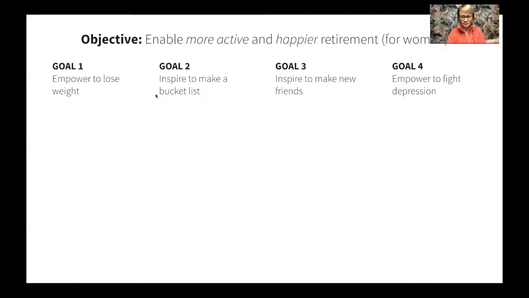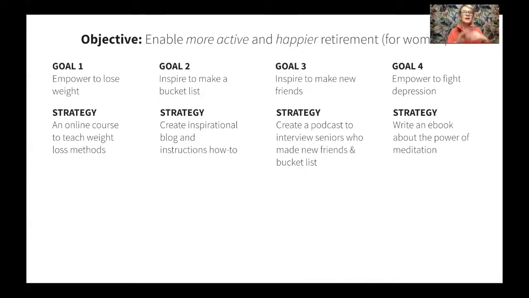So let's take a look at the next layer: strategy. Each goal can have more than one strategy, but for the sake of simplicity, I'm showing just one for each. Our goal 1 was to empower to lose weight, because we knew that obese elderly were less active and unhappy. So here we come to the part where we talk about the very specific offering.